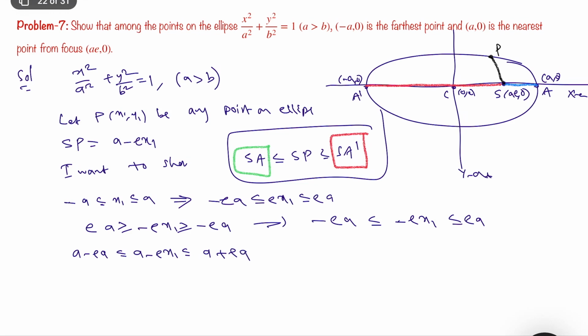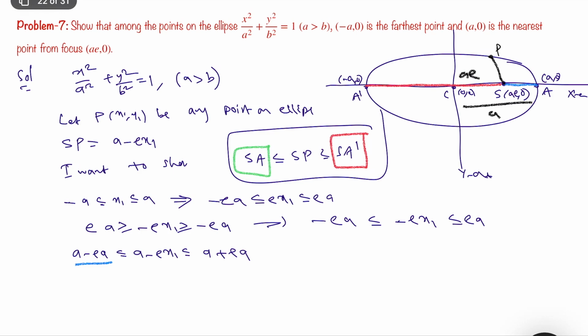Okay, fine. Now you can see that this a minus ea is actually SA, because this is A, right? Distance from C to A is a and distance from C to S is ae or ea.